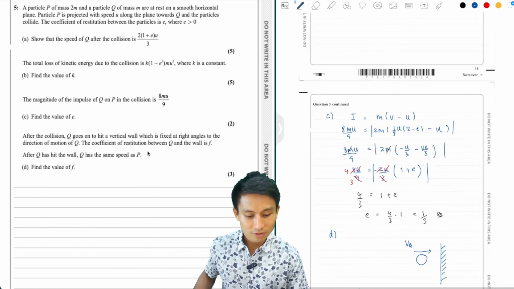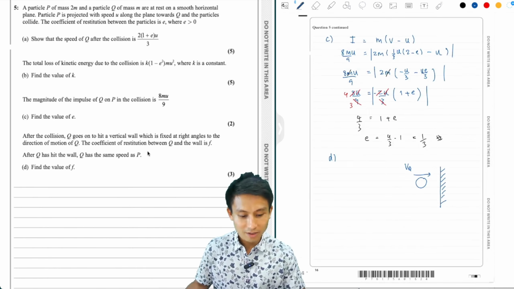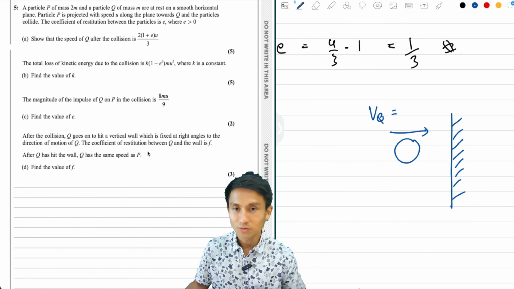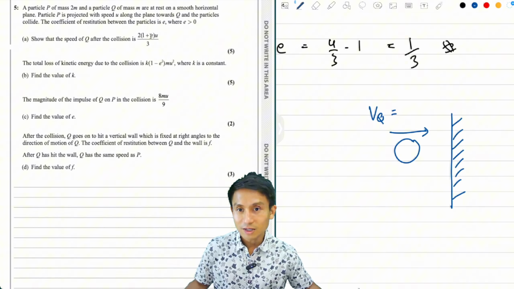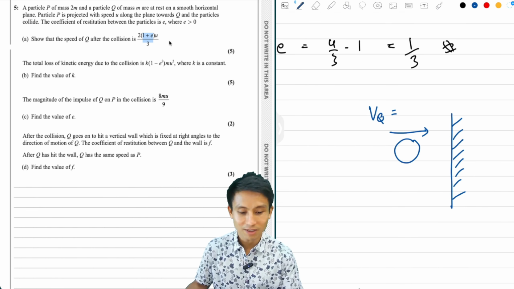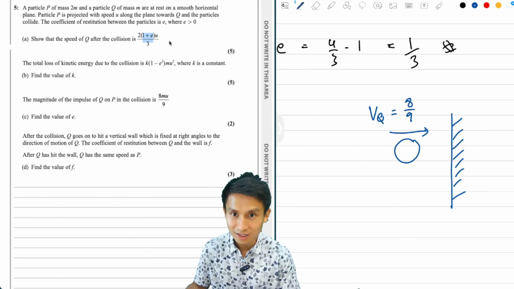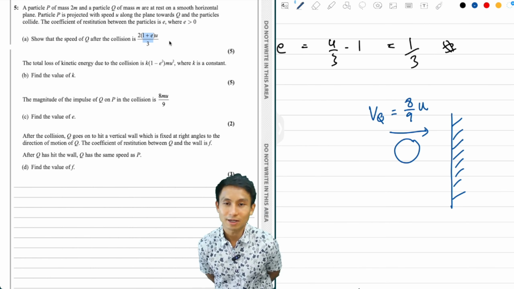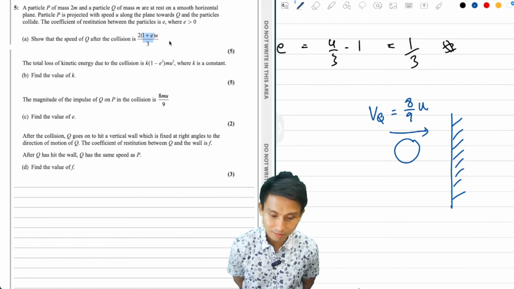So VQ was again given in part A. We already found it. So if e is a third here, that's going to be 4 over 3, right? So 4 over 3 times 2, it's going to be 8 over 3. 8 over 3 divided by 3, that's going to be 8 over 9 u, right?